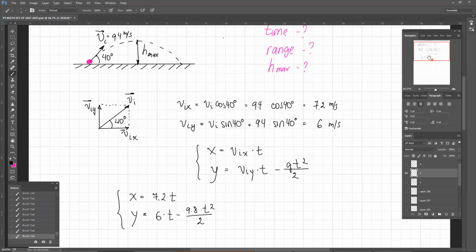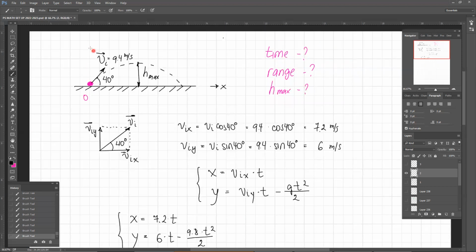And now we will write one secret line, actually knowing that this is my origin, 0, 0. X is facing this way. Y is facing this way. And my ball starts from 0, 0. It goes up and then lands back again at 0 with respect to the y axis.